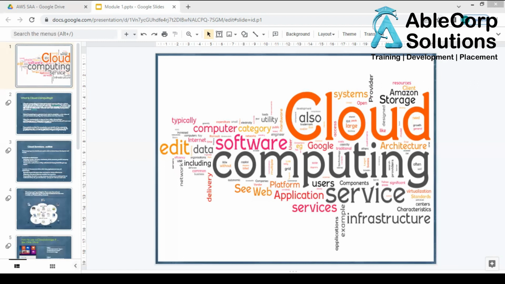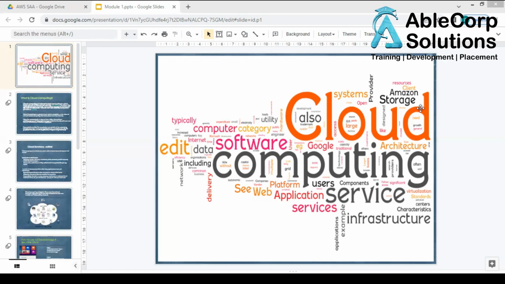So the first screen that you're seeing, on a bigger note, is about cloud computing services. This is not a diagram which we have made. It's a survey which was done in 2020 to 2021, and these are certain keywords which were fetched from the survey.